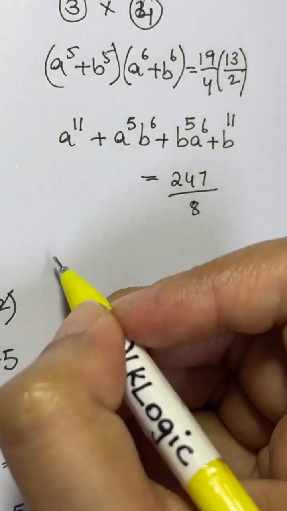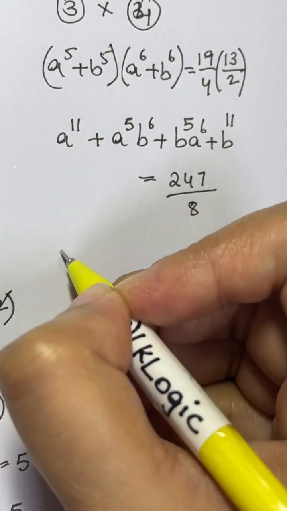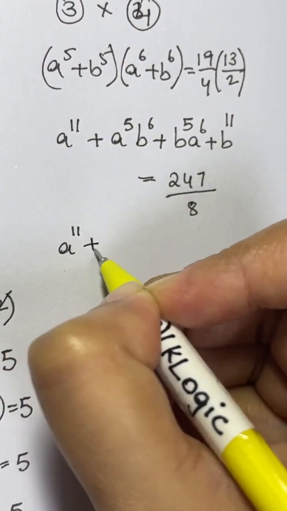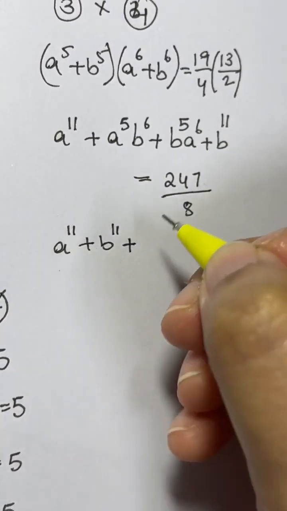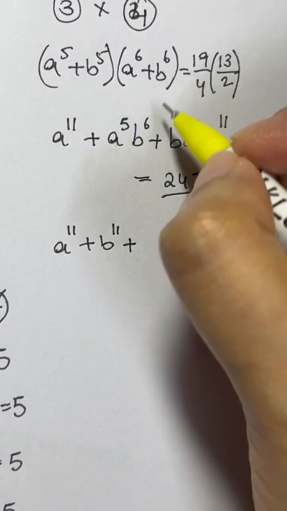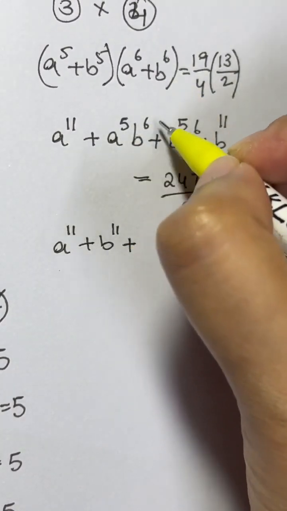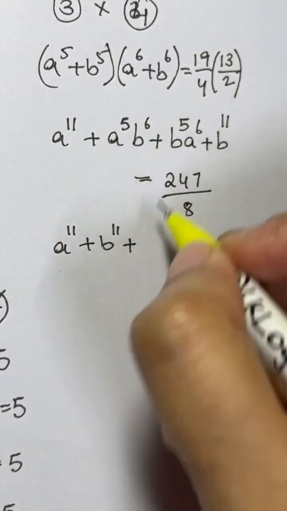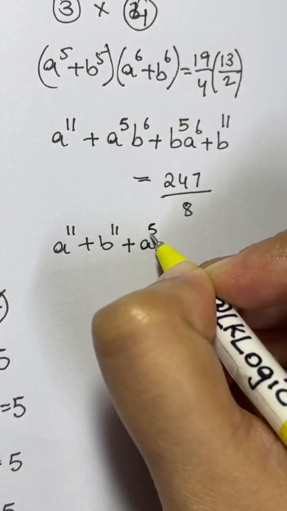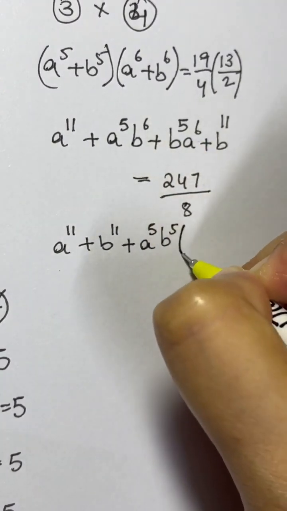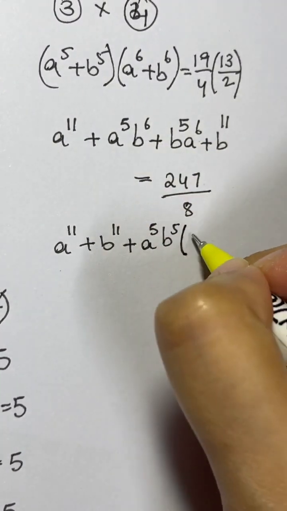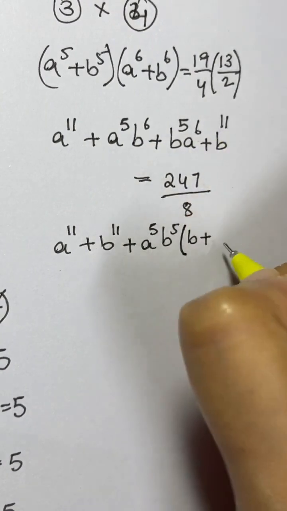Now let's solve for this. Let's rearrange things. A to the power of 11 plus b to the power of 11 plus, now what can we take out common? A to the power of 5 and b to the power of 5 from both the terms. So let's take it out, b to the power of 5. So you're left with b plus a.